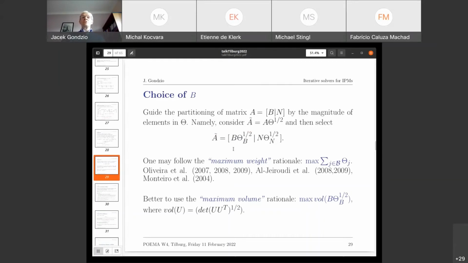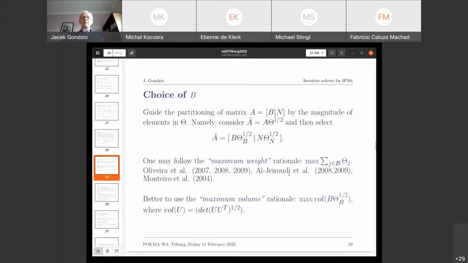The basis is singular, which just reflects the fact that linear programs are often very highly degenerate. This is the choice which I would call the maximum weight, because we are looking at the weight of matrix theta and choose the maximum weight. We follow this argument, this rationale. It's been done by many authors, including my own PhD student, Gusson Al-Jairud.